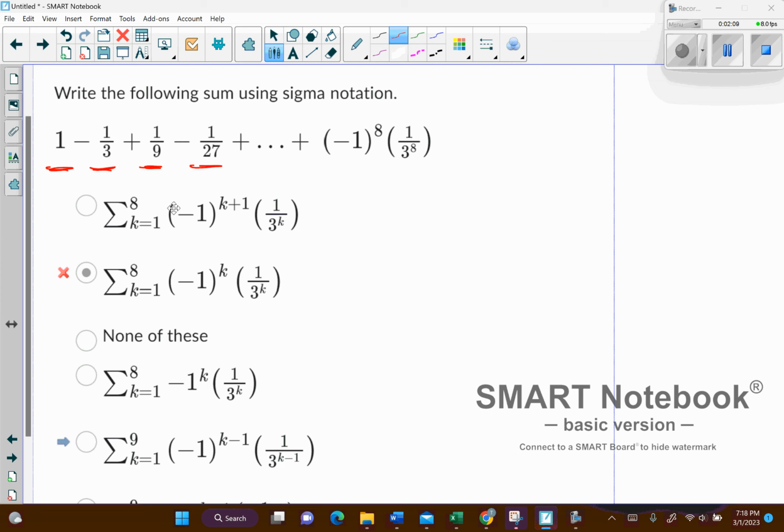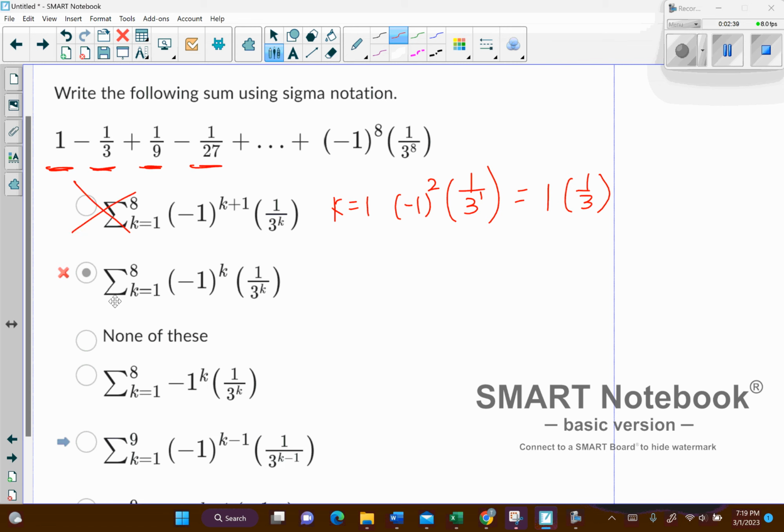If I plug in a 1, so if k were to equal 1, I'd get negative 1 to the power of 2, and then I would be multiplying that by 1 over 3 to the power of 1. That doesn't look good, because this will become positive 1, and then it gets multiplied by 1/3, so I'd get 1/3, but I don't have 1/3 there, so it can't be that one.